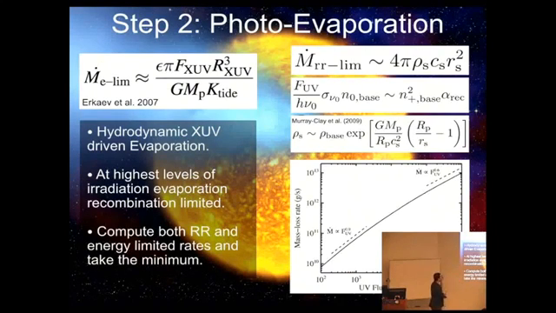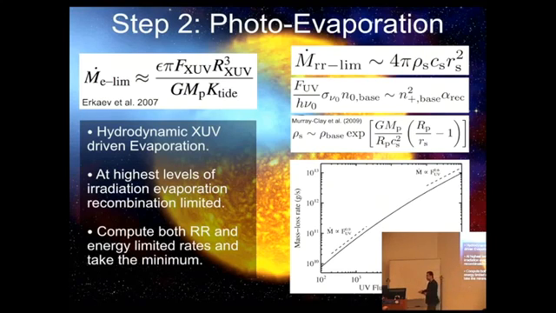For today, what I'm going to be doing is looking at two different mass loss regimes. So Ruth mentioned earlier in her talk, there's this energy limited regime, which is generally valid for things that are moderately irradiated, the things that are on tens of day periods. When you get to these one-day periods, you have to worry about radiation recombination cooling.